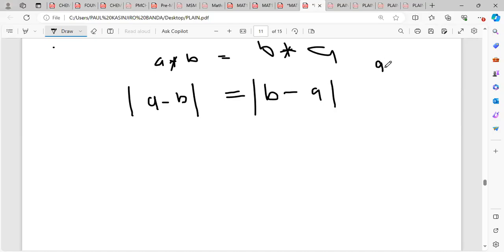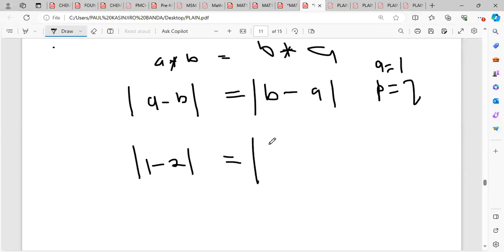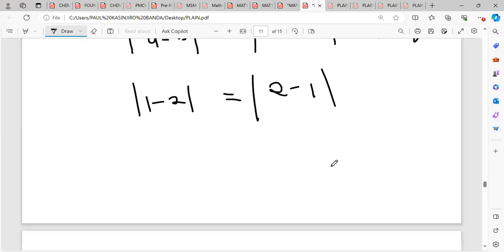Let A be 1 and let B be 2, and test this in the formulas. Here it's going to be the modulus of 1 minus 2, equal to the modulus of 2 minus 1. What is 1 minus 2?